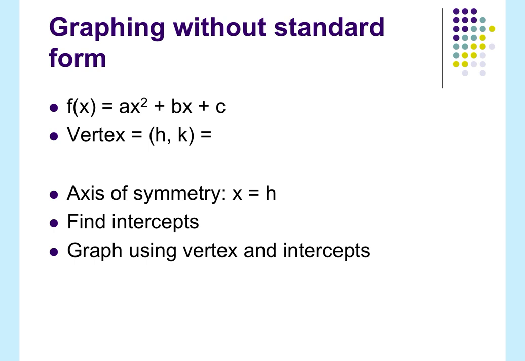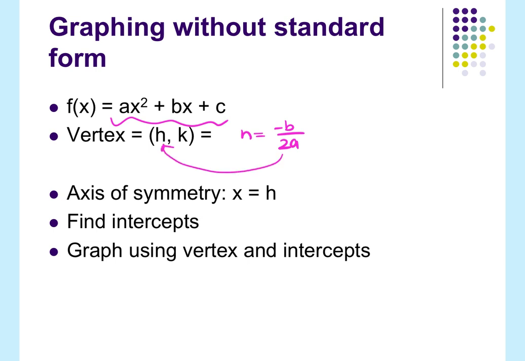So if you are graphing it without putting it in standard form, so not completing the square, and it's in quadratic form, meaning ax squared plus bx plus c, so you have an x squared and an x, then you can find the vertex by doing -b over 2a. The h coordinate of your vertex would be -b over 2a, and that's going to be the x coordinate of your vertex.